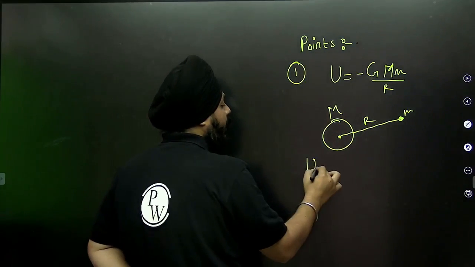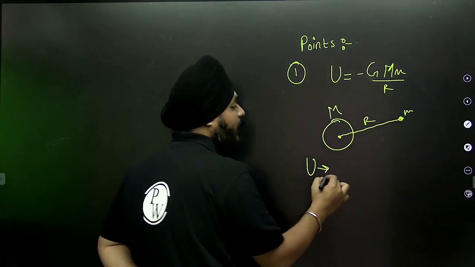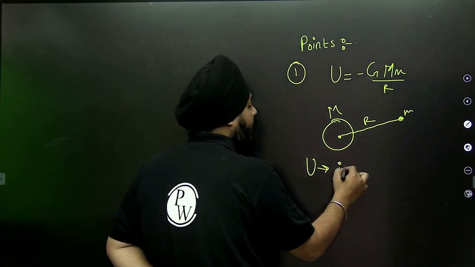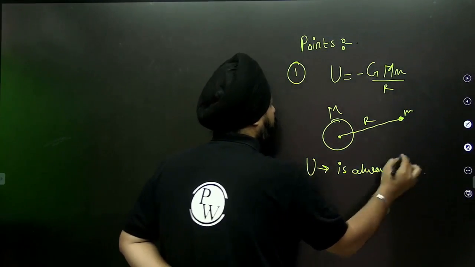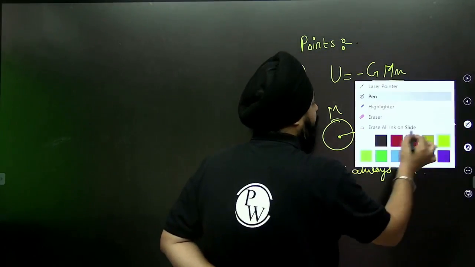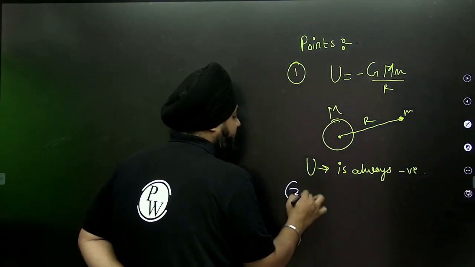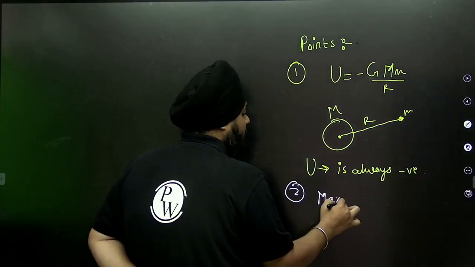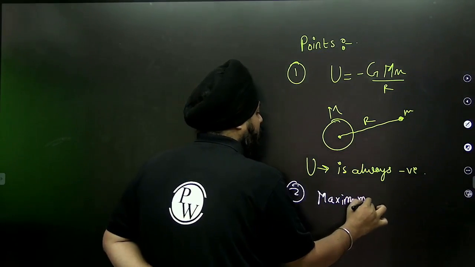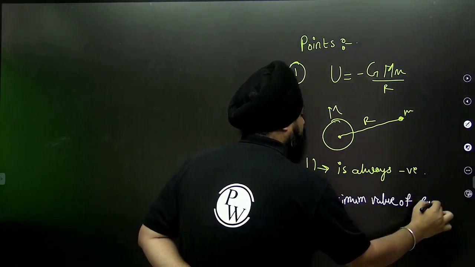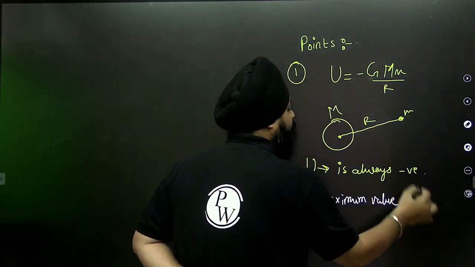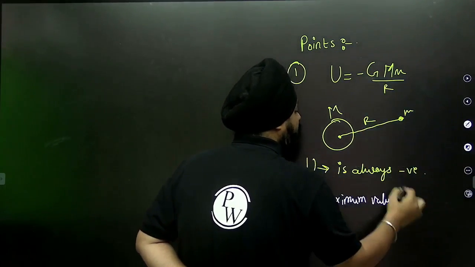So the gravitational potential energy is always negative. The maximum value of the gravitational potential energy is 0.